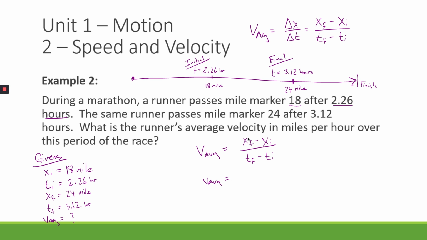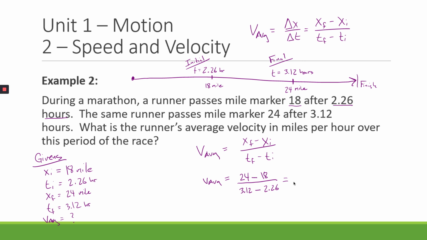X final is 24 minus X initial, which is 18. I'm going to leave my units out of it for now, just for clarity. My T final is 3.12 hours minus my T initial, 2.26 hours.